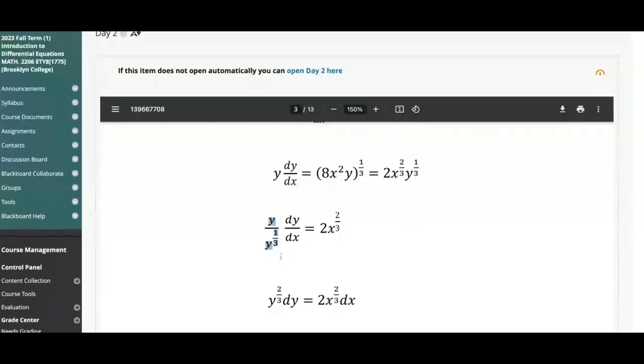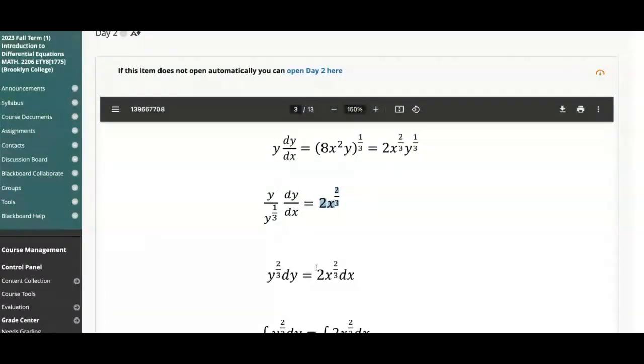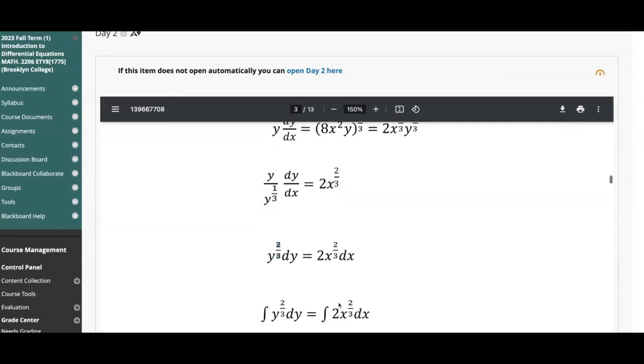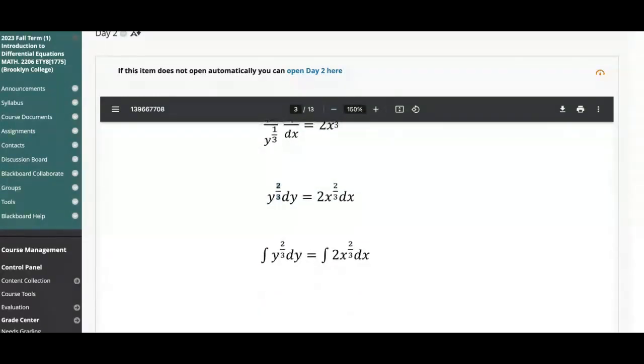So we have y over y to the 1/3, dy dx equals this. So 1 minus 1/3, that's 2/3. So we'll have y to the 2/3 dy equals x raised to 2/3 dx. We integrate the equation, which means we integrate both sides simultaneously, because again, this is in terms of y, this is in terms of x.